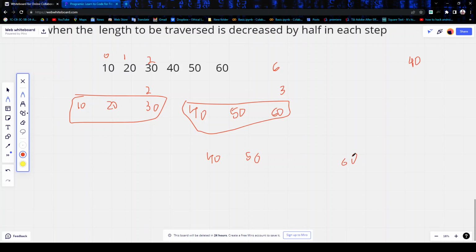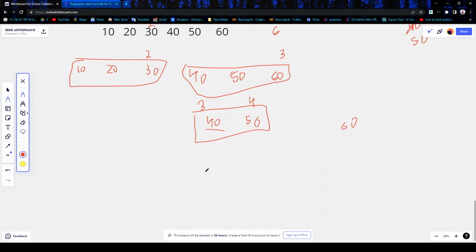Again we check this sub array, where the indexes are 3 and 4, and check whether 40 is equal to 40 or not. Let's say our target element is equal to 50. I check whether 40 is less than or greater than 50. It is less than 50, so again I divide it into two parts, and then we have the answer.